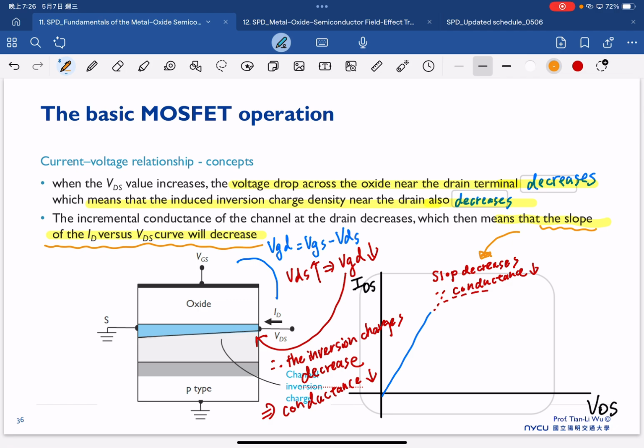That issue mainly comes from the fact that we start to have a higher drain bias, and the higher drain bias leads to a lower gate to drain voltage and decreases our carrier and conductance on the drain side. So then we don't have the uniform inversion charges anymore. We have this decrease of the inversion charges toward the drain side.